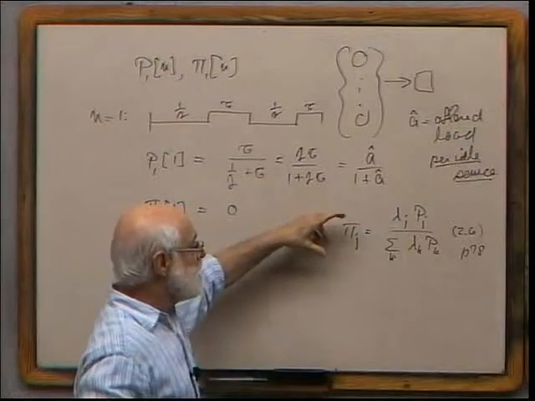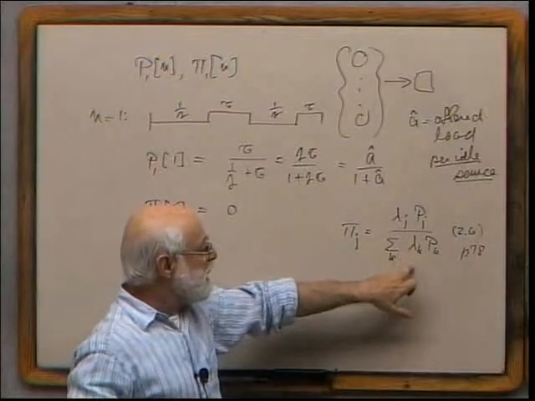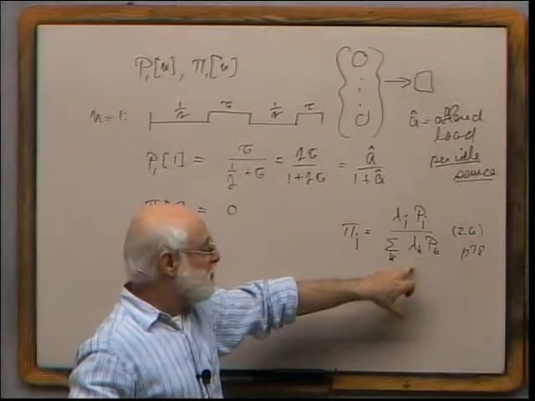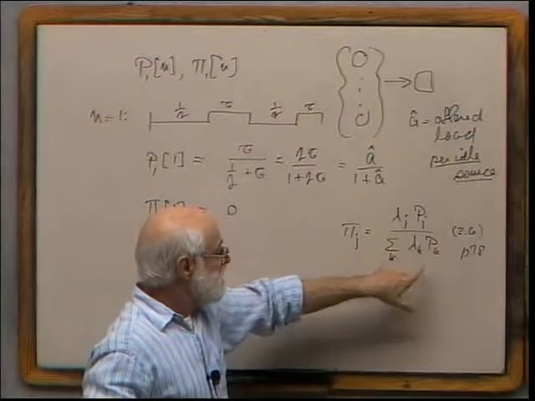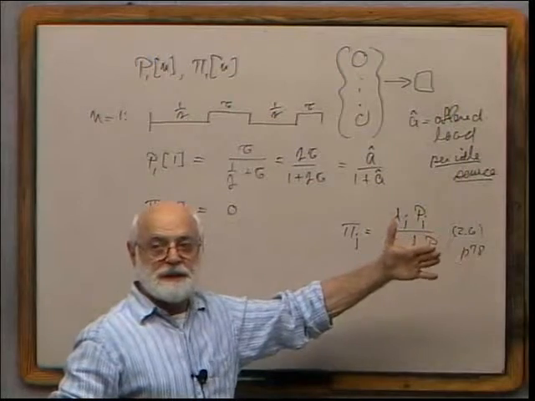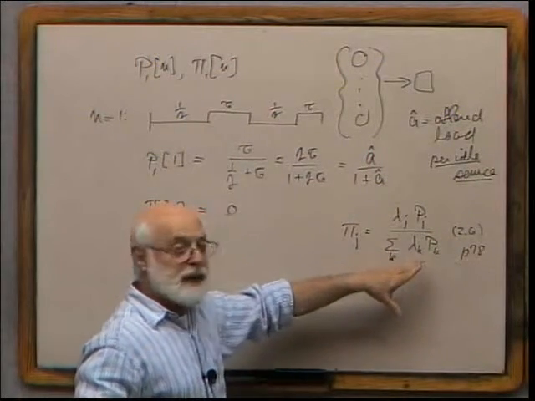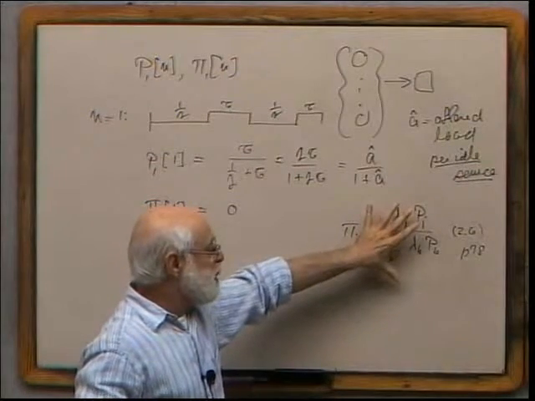Now, if the lambdas do not depend on the subscript, then they cancel out. The denominator sums to 1. Pi j equals pj. That's PASTA. But in our case, the lambdas are not constant. So this is a formula that we'll use later, but right now I'm not using the formula. Right now I'm just doing it intuitively.